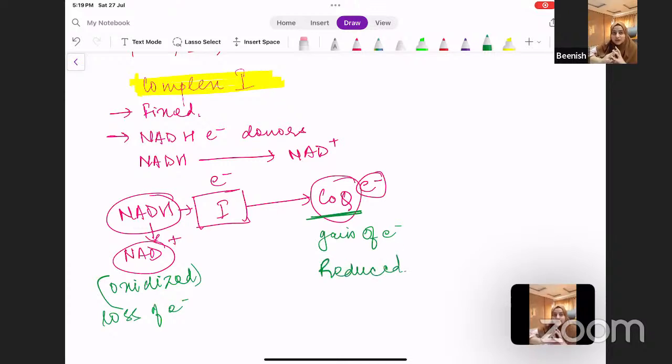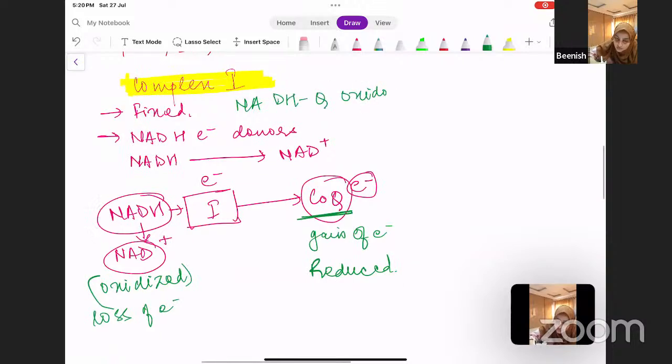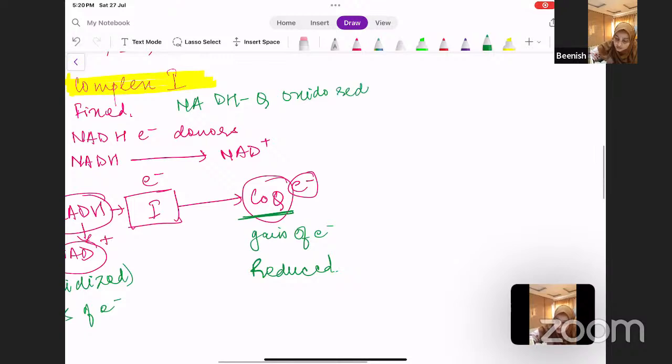NADH gave its electron to complex 1, and from complex 1 it was taken by coenzyme Q. Therefore, this complex 1 is known as NADH-Q oxidoreductase, and it is also known as NADH dehydrogenase.